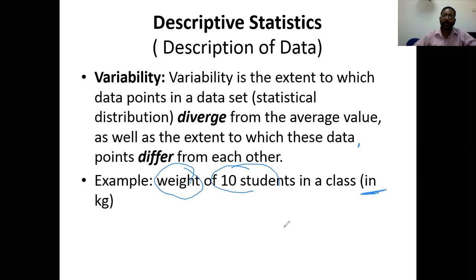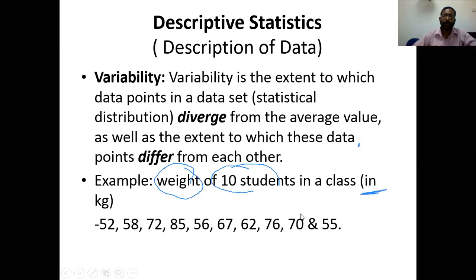So this is our value. This is not minus, this is just a point. 52, 58, 72, 85, 56, 67, 62, 76, 79.